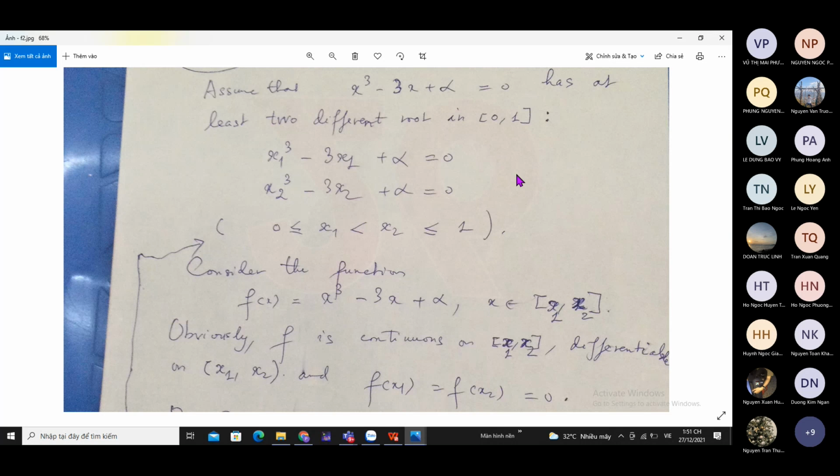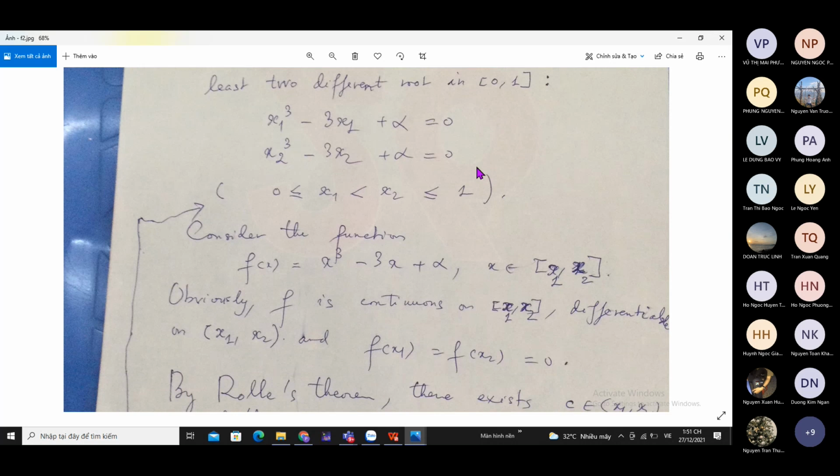Now, consider the function f(x) = x cubed minus 3x plus alpha on the closed interval [x1, x2]. The function f is just a polynomial of order 3. It's continuous everywhere and differentiable everywhere. Moreover, you have f of x1 equals f of x2 equals 0, because x1 and x2 are solutions.